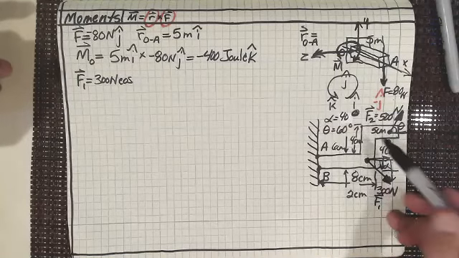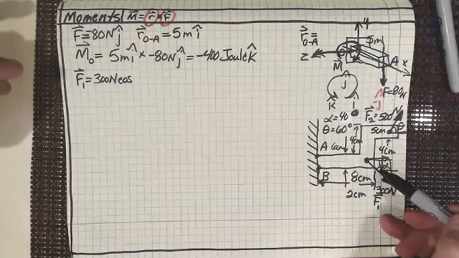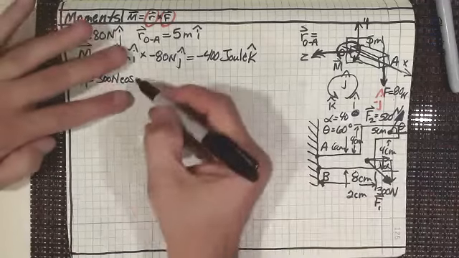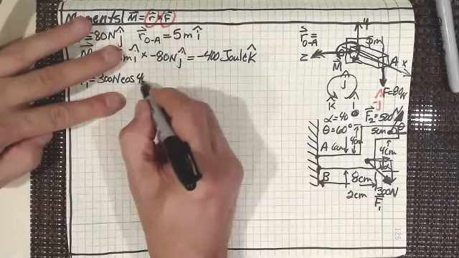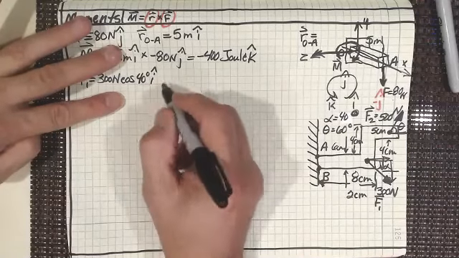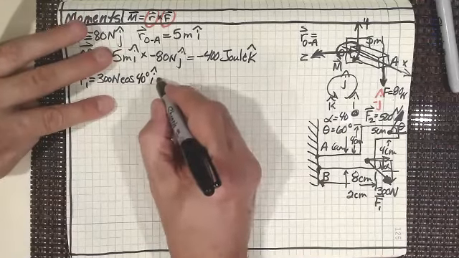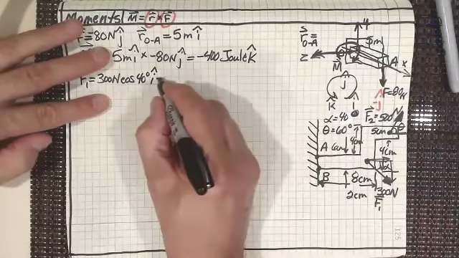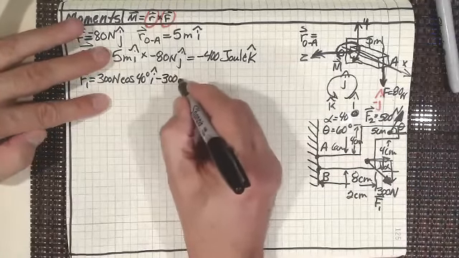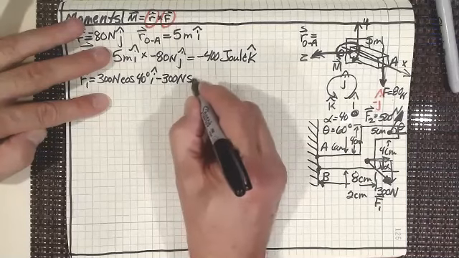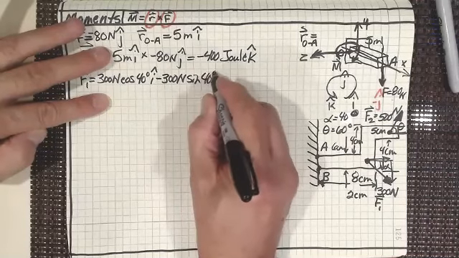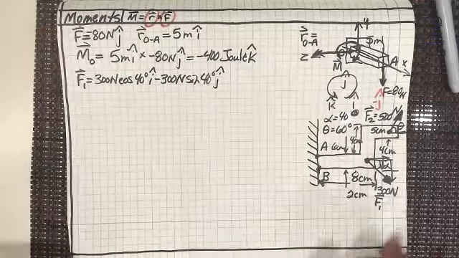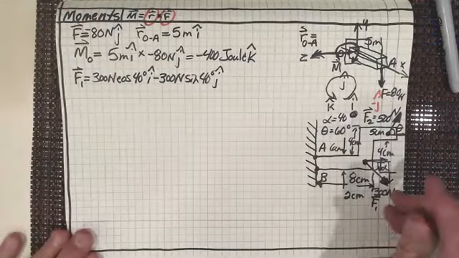So if alpha is 40 degrees, then we want the cosine of 40 degrees, and that's going to be i hat. And then we know it's negative going down here, so it'll be minus 300 newtons times the sine of 40 degrees, j hat. Does everyone see that? So that's what F1 is going to be.